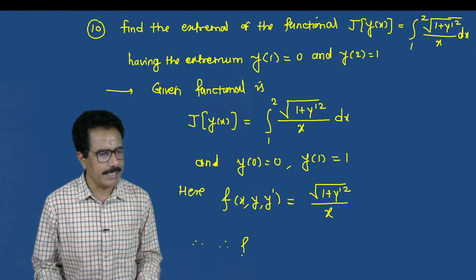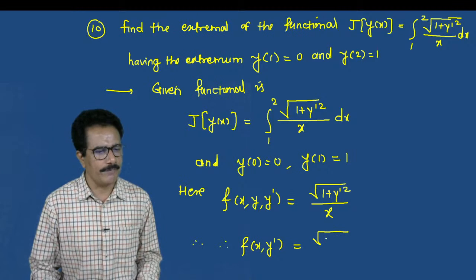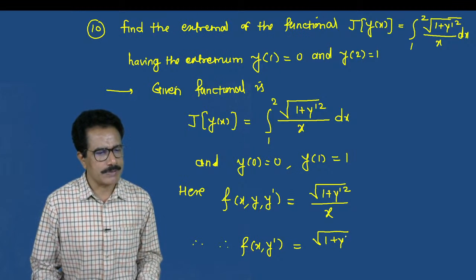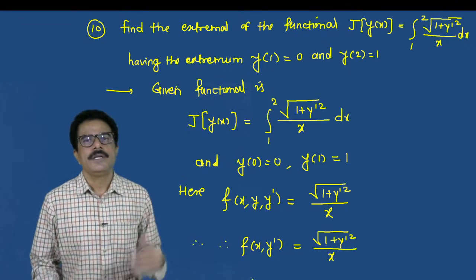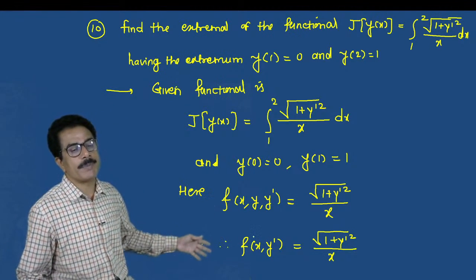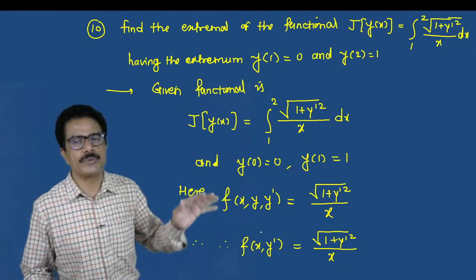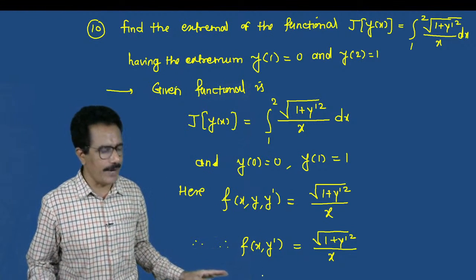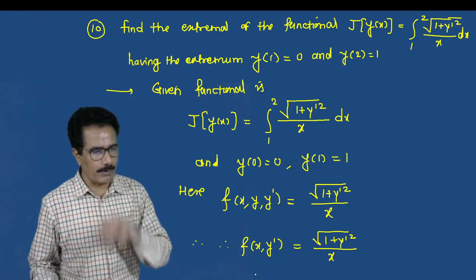So we can write f of x comma y dash which is equal to root of 1 plus y dash square divided by x. So we have to use the special case here. That means we have to find out only f y dash and then we have to solve this problem. Okay.